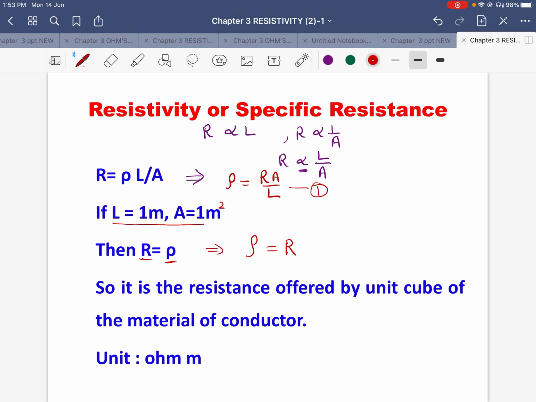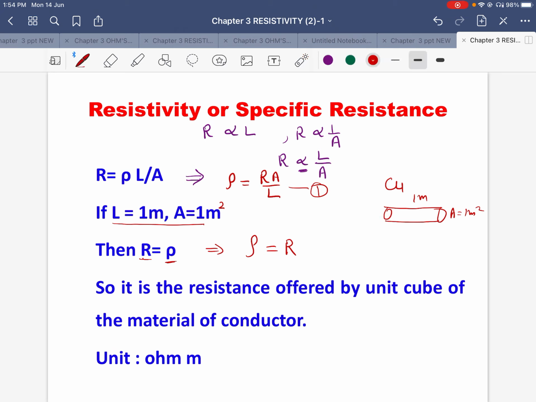For example, if we have to find the resistivity of copper, then we have to take a copper wire of length 1 meter and also its area of cross section is equal to 1 meter square. Then the resistance of this copper wire whose length is 1 meter and area of cross section is 1 meter square, then that resistance will be equal to resistivity of this copper.